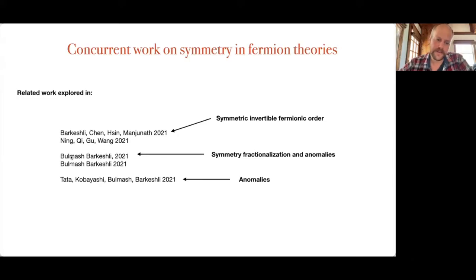Then there were three more by Mason's group, two studying symmetry fractalization and anomalies in fermionic phases, and this last one is purely about anomalies of fermionic phases. So all this work is very interrelated. These three topics also appear in our papers. Today, I'll mostly focus on the symmetry fractalization and anomalies aspect, and if I have time, I'll mention the work we did on symmetric invertible fermionic phases.